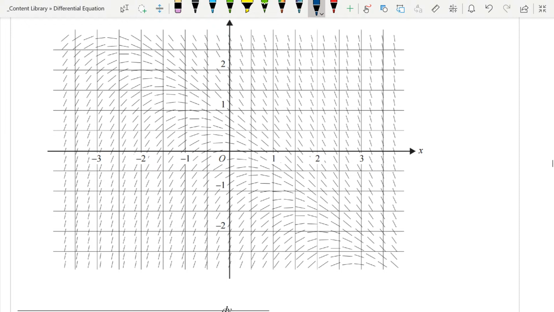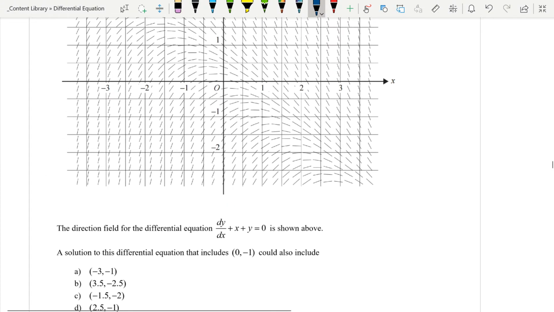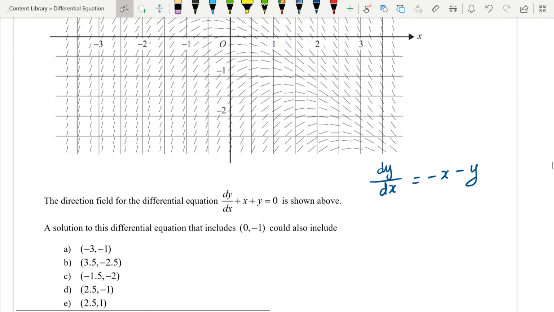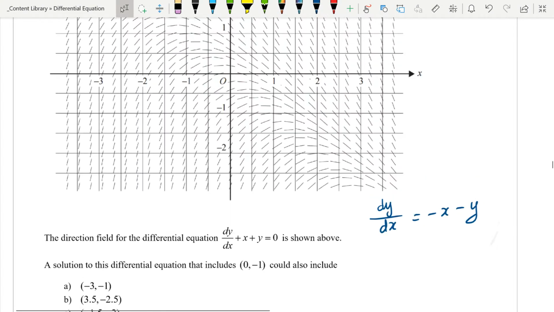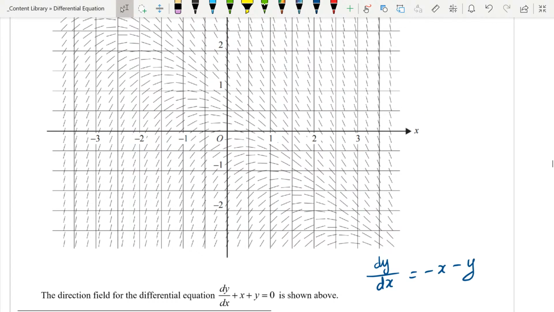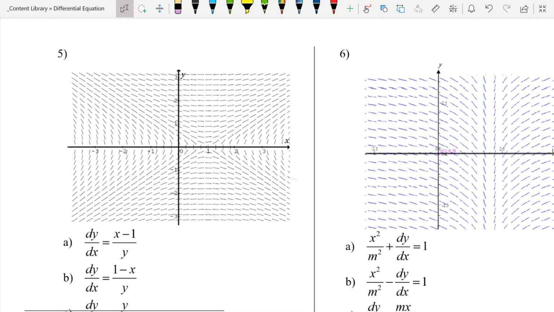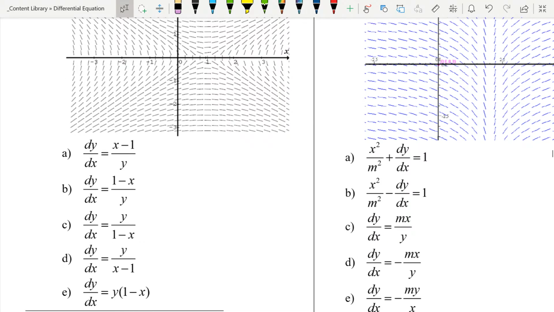But if I provide you one point, you should be able to see the specific solution. For example, this question gives us dy/dx equals negative x minus y. I think the type of questions started changing from 2016. Before 2016, the questions were most likely like the ones I provided, giving you a slope field and asking which differential equation satisfies it.